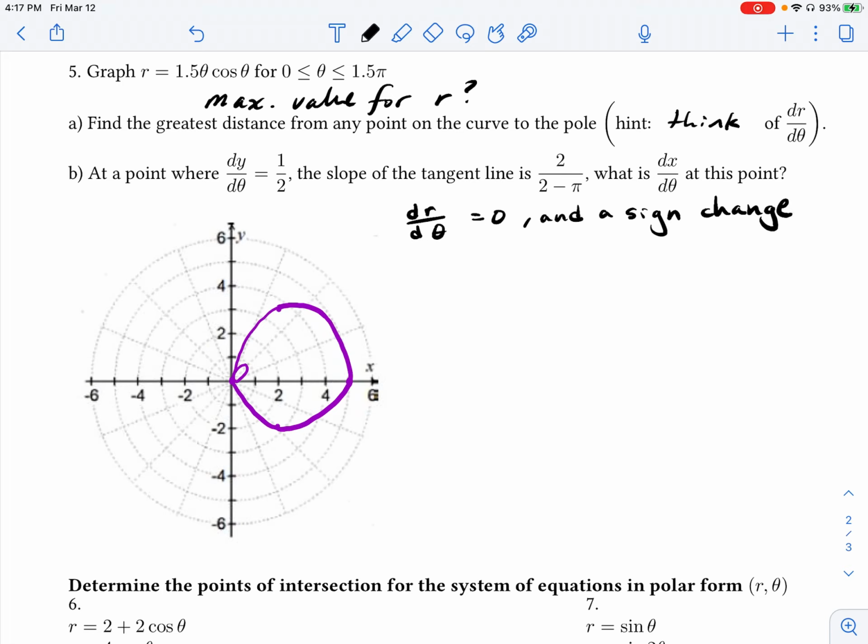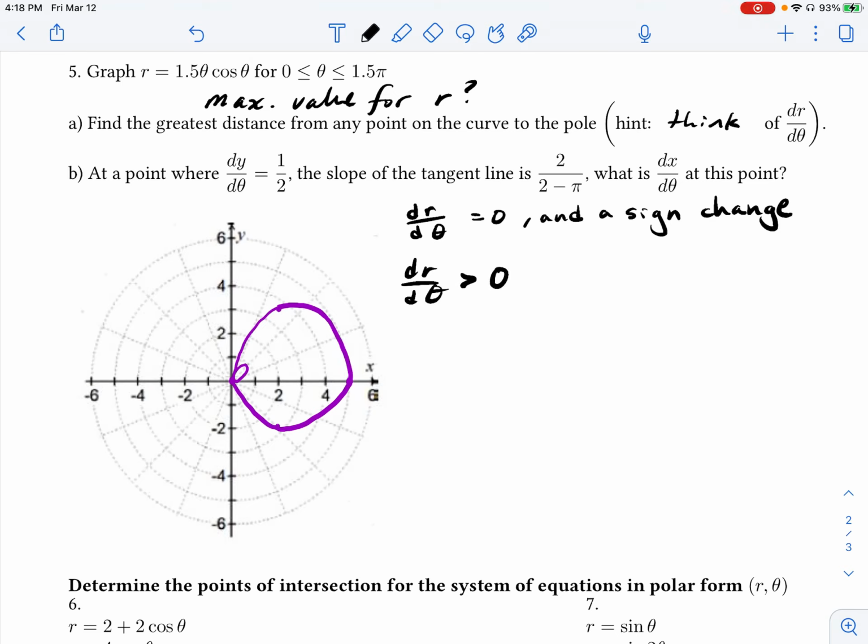Now, before I actually try this, let's make sure we understand what dr d theta is saying. Dr d theta is effectively describing how much the distance from the origin is changing at a point given a small change in theta. I'll say that one more time. Dr d theta is describing how much the distance from the origin is changing at a point given a little change in theta. So if our dr d theta is positive, what does that mean? Pause the video and think about that.